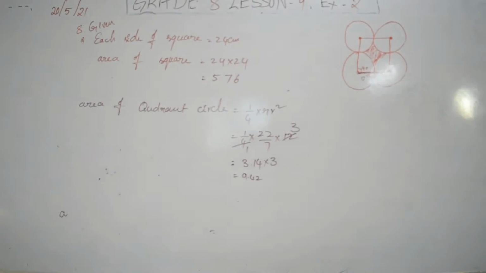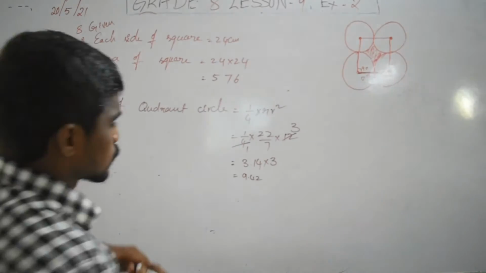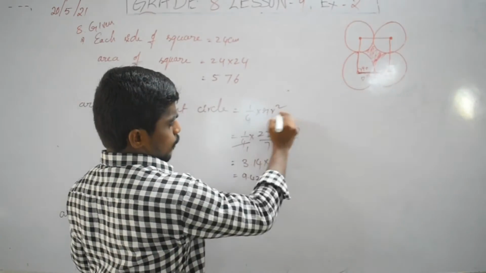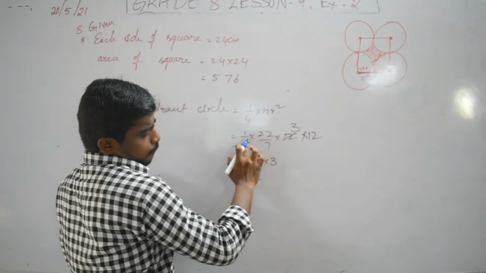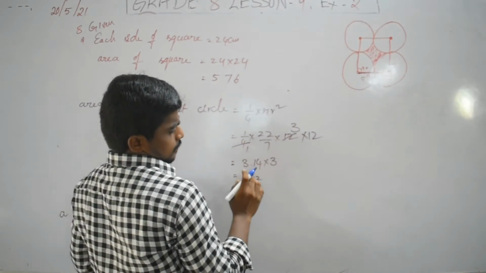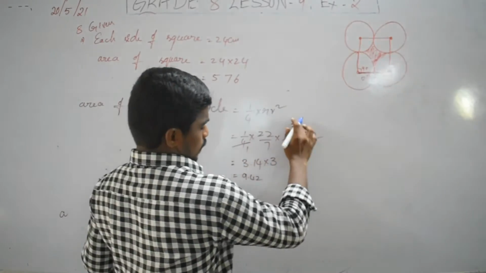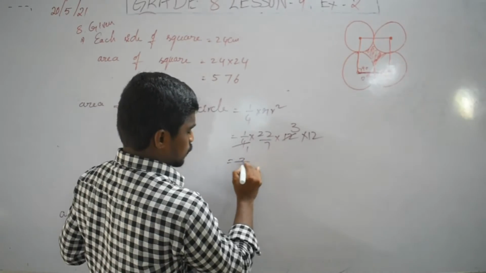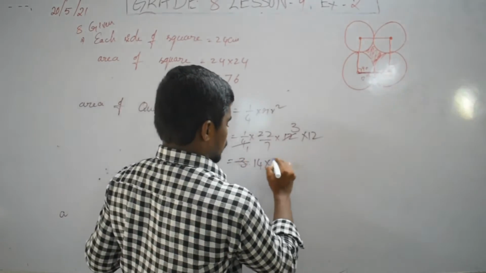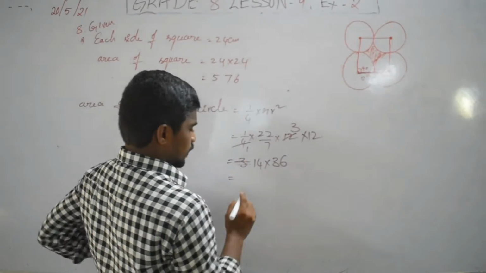Now here, the area of 1 by 4 pi r square with r as 12. Here see, 4 ones are 4, 4 threes are 12, 12 times 3 is 36. Take 3.14 times 36.